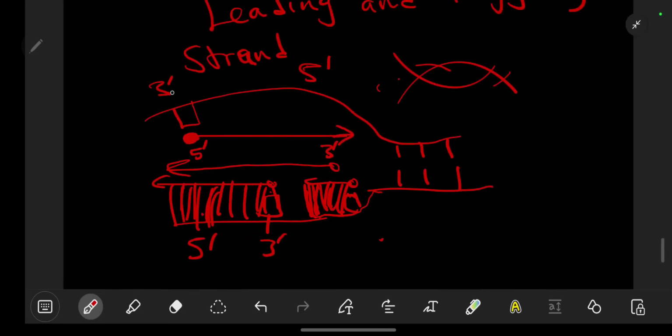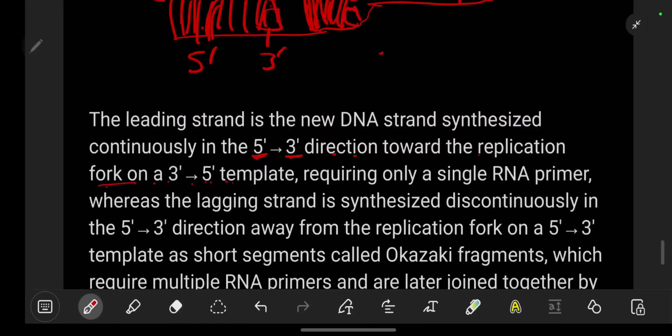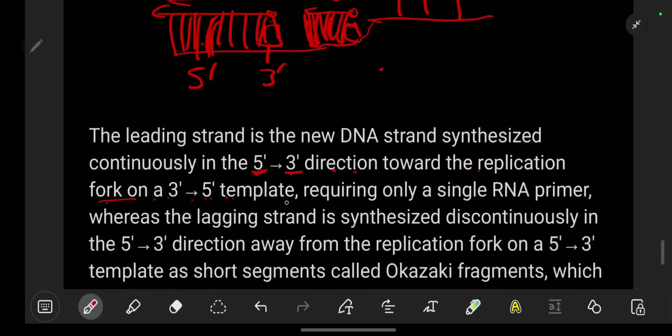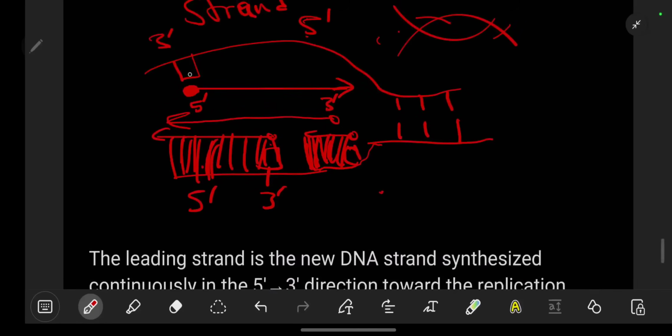So it's moving from the 3' to the 5'. The key thing is that, number one, it only requires a single primer, like this thing that we have put here, to just continue. It will be able to form the complete DNA with just one thing continuing like that.